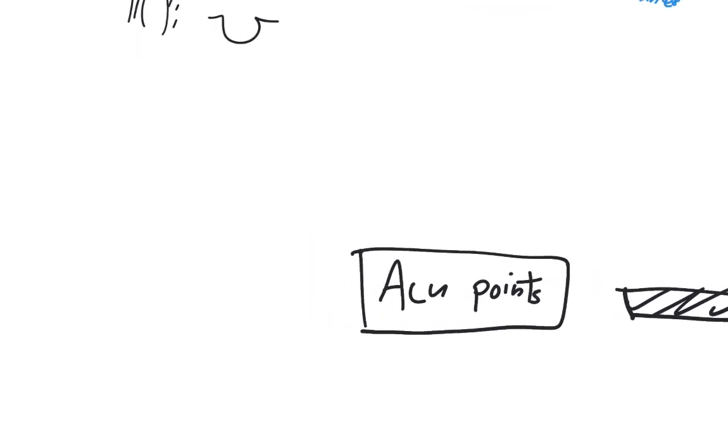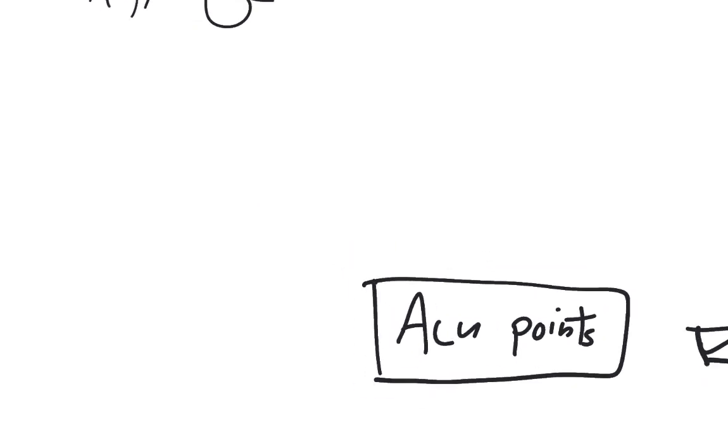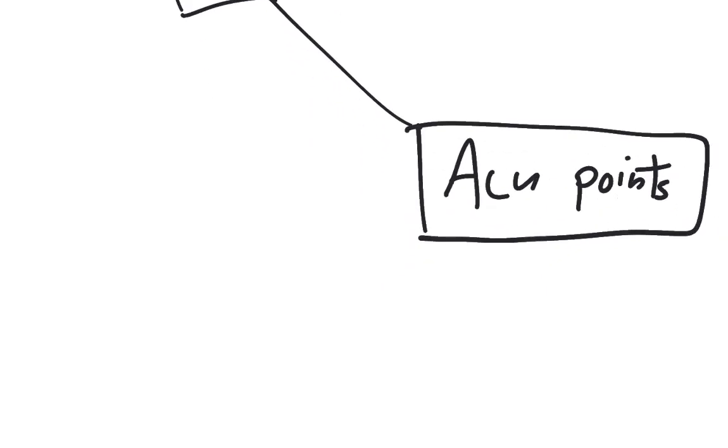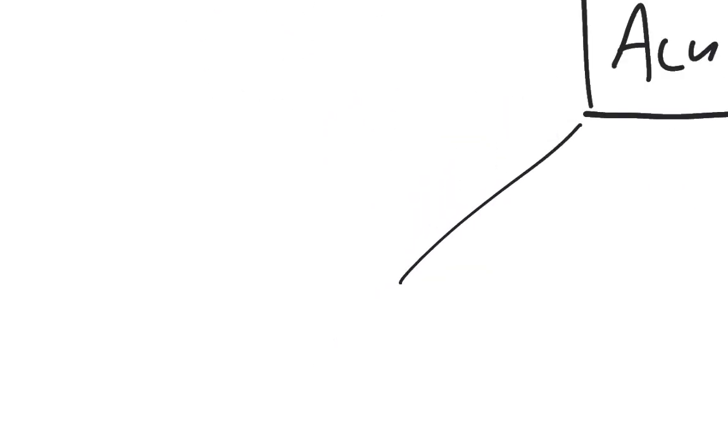Acupuncture points themselves, we can identify them first through the location, as I mentioned, because each point is on the meridian. So from the location itself, corresponding is also the function.